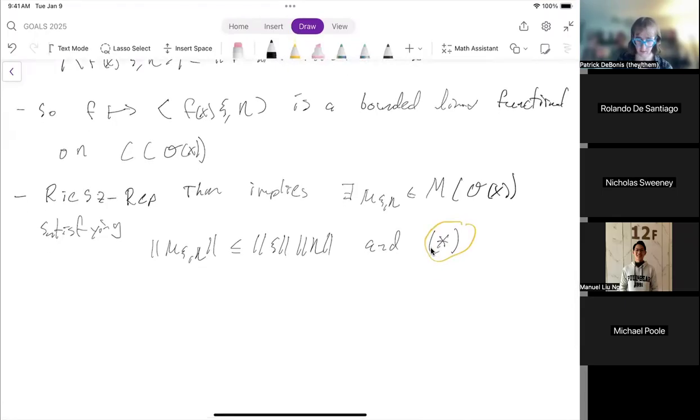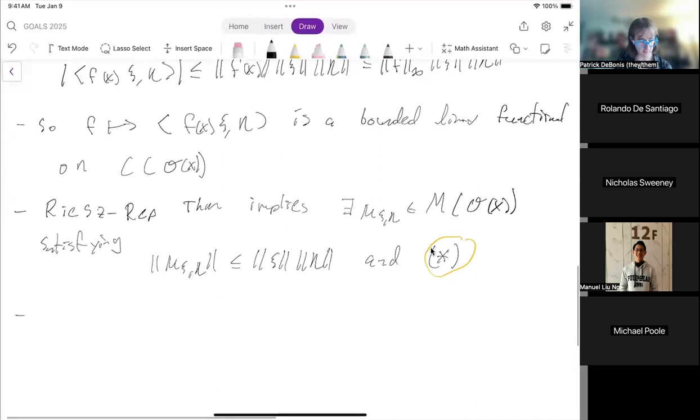And then part of that theorem is that the space of measures is actually the dual of the continuous functions on your compact space.